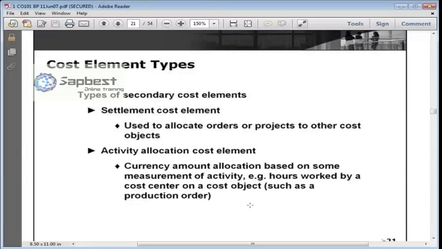Types of secondary cost elements. There's settlement cost. There is allocation cost. Settlement cost is used to allocate orders or projects to other cost elements. You're settling projects to a cost center, right? It means you have a large oil rig and you have a $1 billion budget for the project, and once the project is done, I'm going to transfer that project, or in pieces, to the owner who's responsible for this.